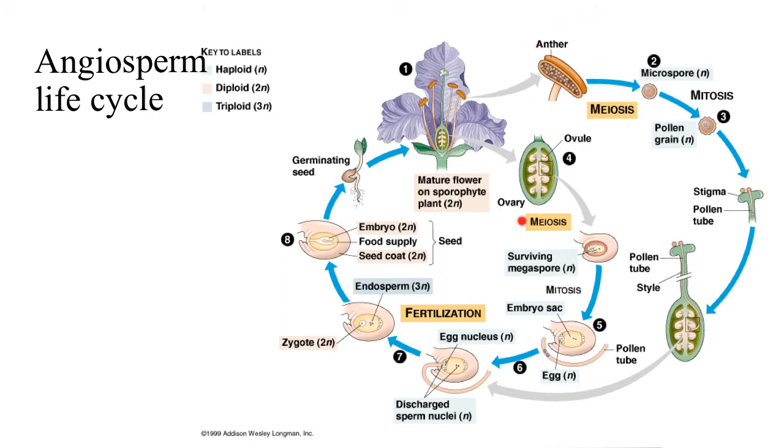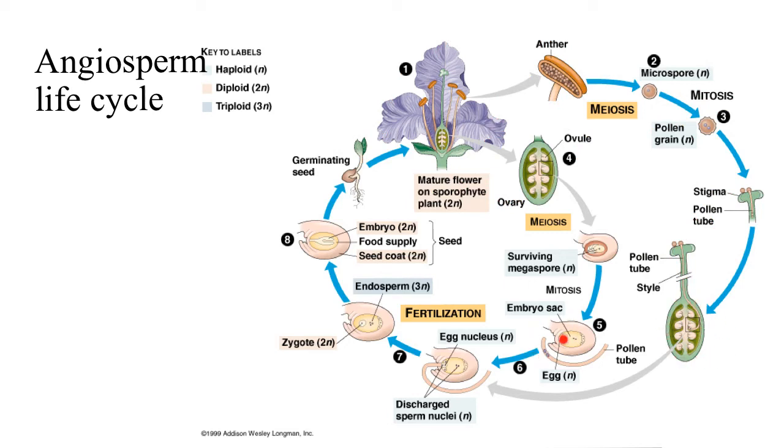And we have our ovary, part of the female reproductive structure. So on that anther, we're going to get our pollen, and the pollen is going to contain sperm. And the pollen will stick to our sticky stigma. And that pollen grain will travel down the style and enter the ovary.